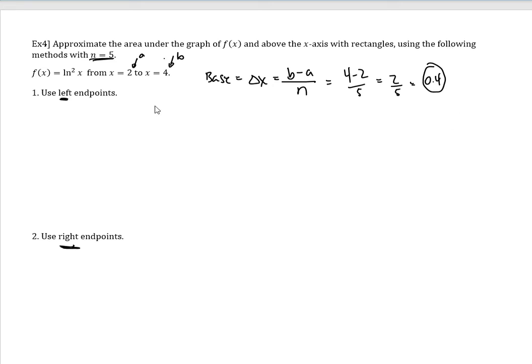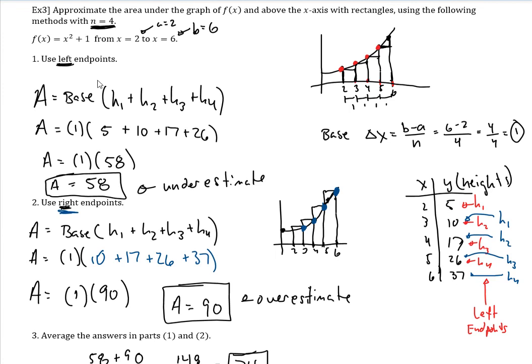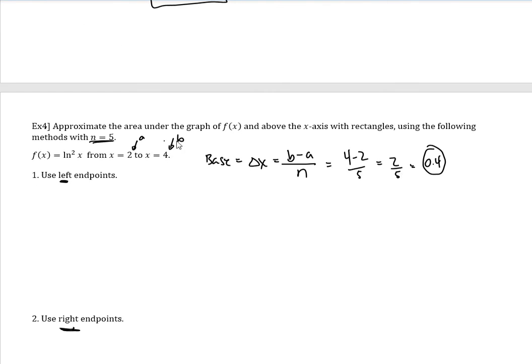Now, let's reference what we had in our last problem. Notice with our left endpoint, I started at 2, and then I go every length of the base to get our new endpoints. The way I'm going to call these is grid points, though they might use some other vocabulary.